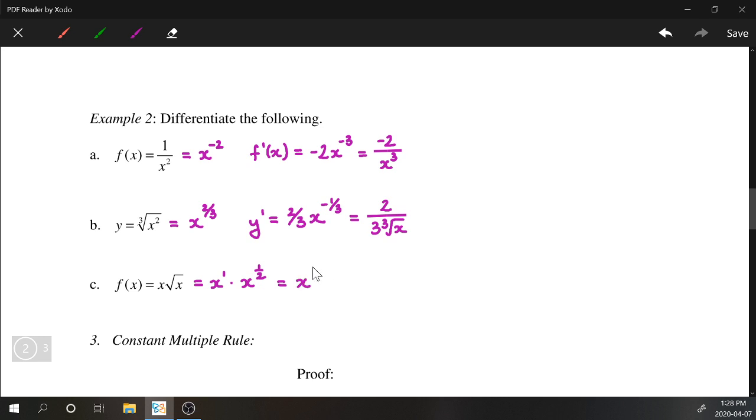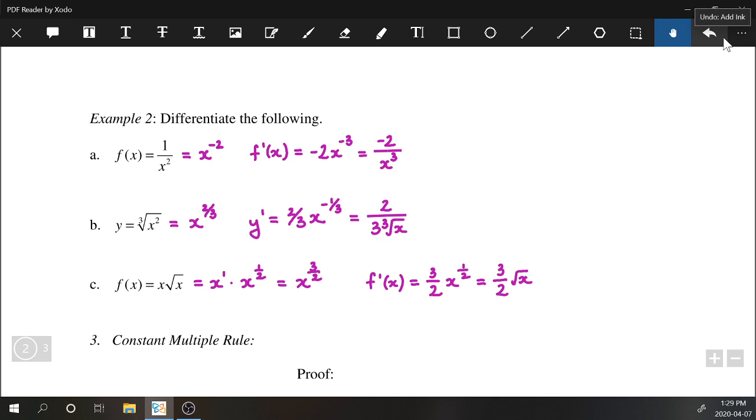We're going to have x to the 3/2. And then if you take the derivative of that, you're going to have simply 3 over 2 x to the 1/2. And of course, you can also rewrite x to the 1/2 as square root of x to write the answer more nicely. Something like that.